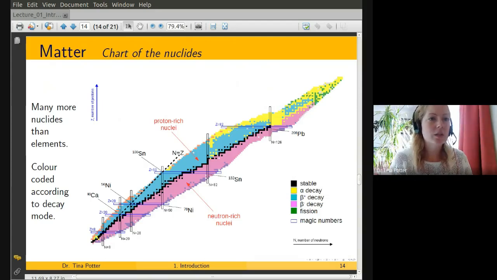Some of the heavier ones undergo alpha decay down to a stable state, and usually there's actually a very long chain of different alpha and beta and gamma decays all the way down to a stable nucleus.